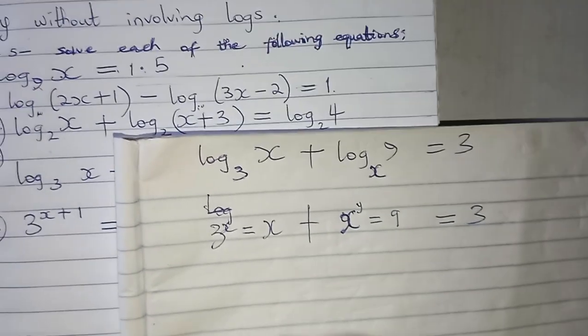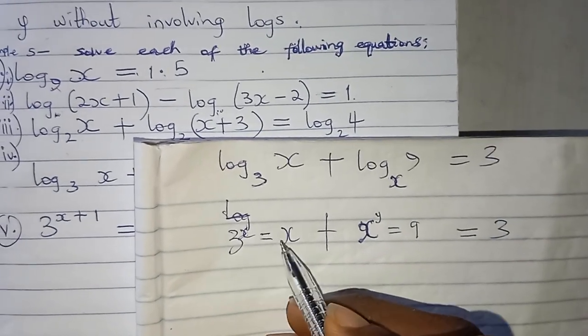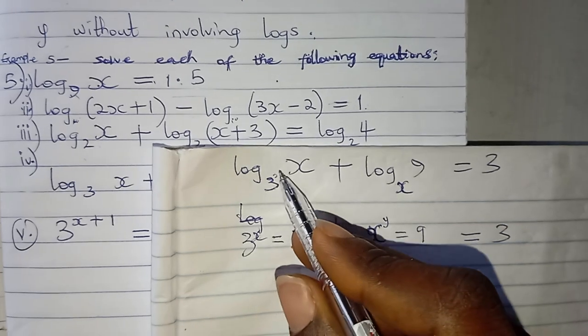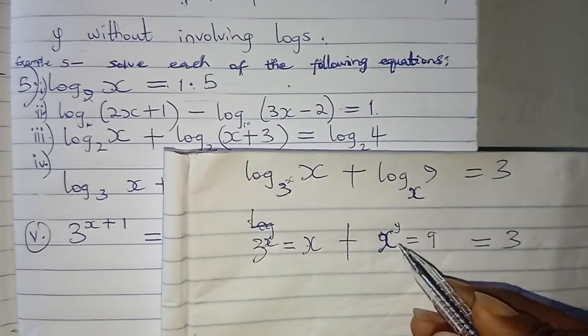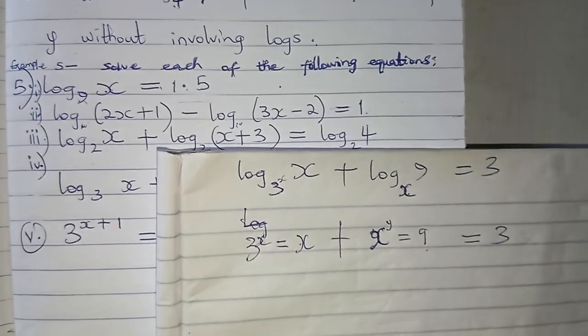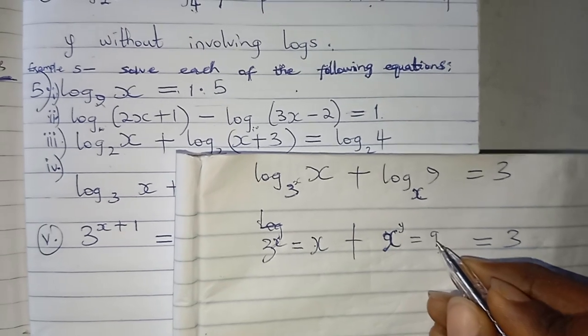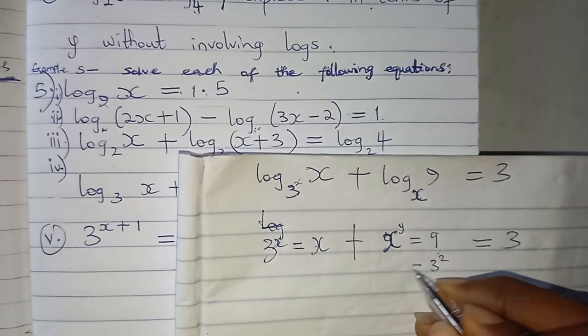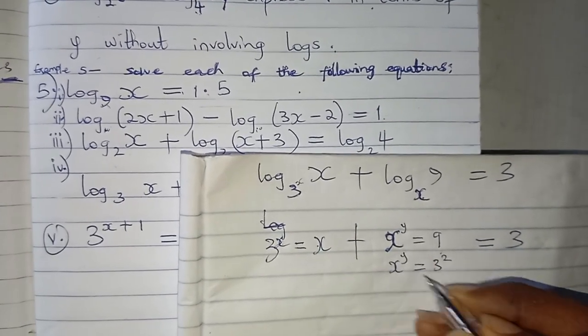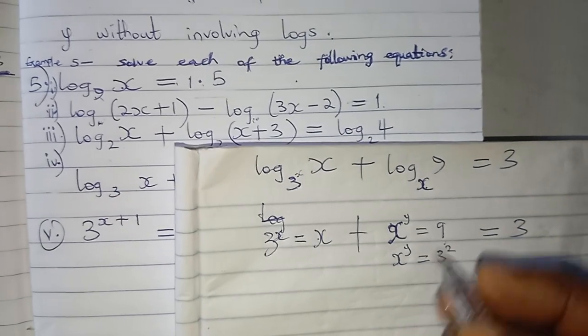What this thing means is this: 3 raised to power x is equal to, that is, what do I add to this base to get x, and what do I add to this base to get 9? So I can very well see that 9 is 3 raised to power 2. That means this is x raised to power y is equal to 3 raised to power 2.